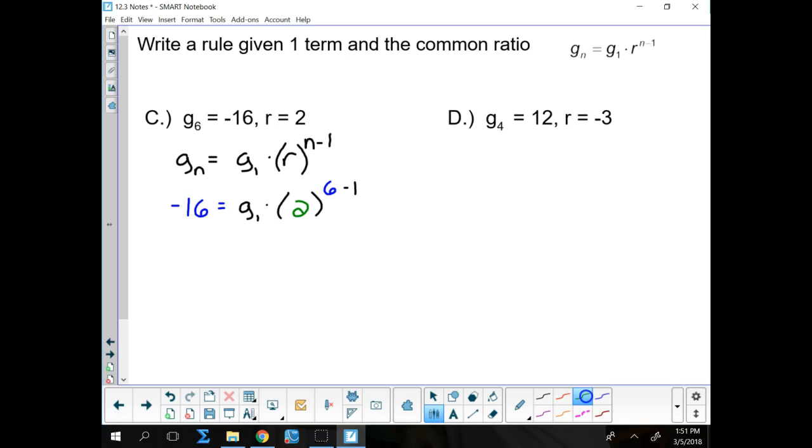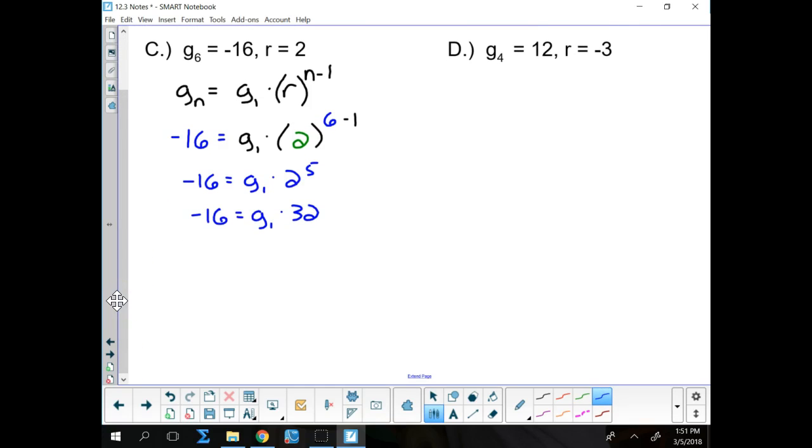Six minus 1? 5. 2 to the 5th power. How do I solve for the first term? Divide both sides by 32. Negative 16 divided by 32. Negative 1/2.